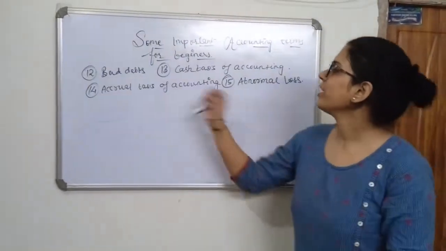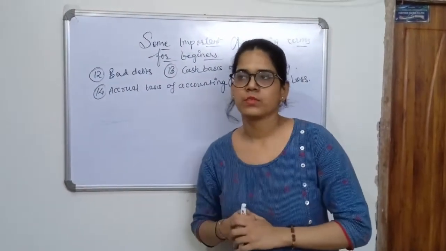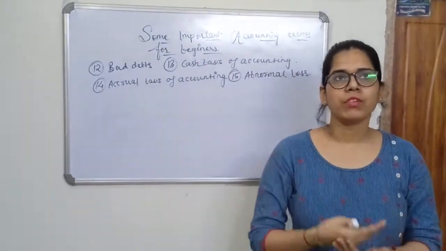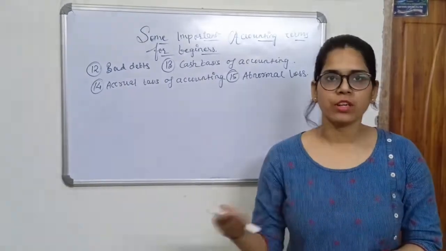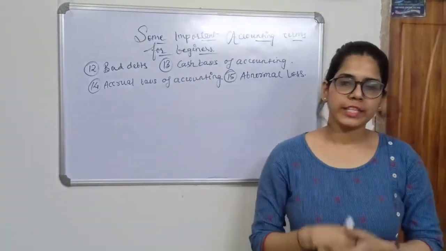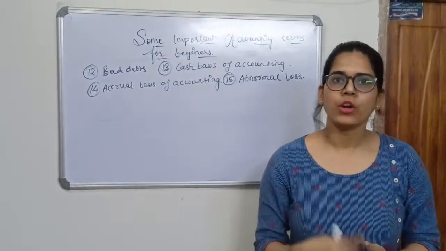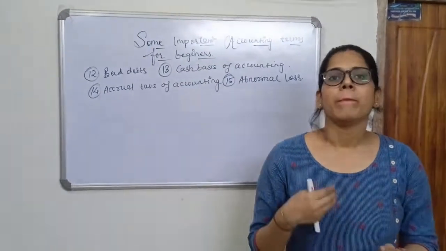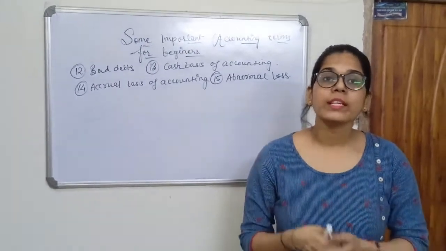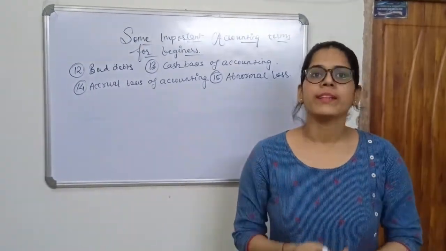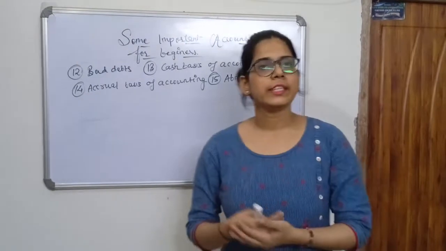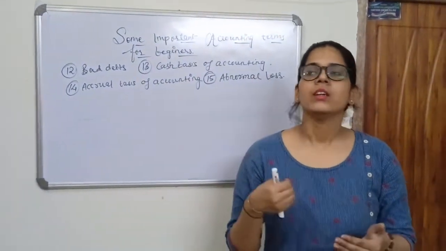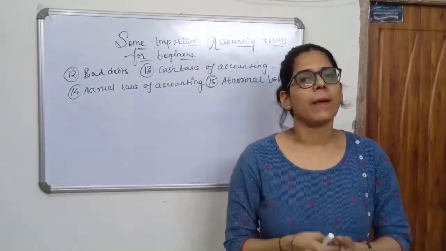So moving ahead, the next term is bad debt. Now bad debt is that amount of money which we were not able to recover from our debtors. Debtors are the people to whom we sell on credit, right? So sometimes it may happen that we are not able to recover that amount from the debtors, and that amount is what we account for as bad debt.